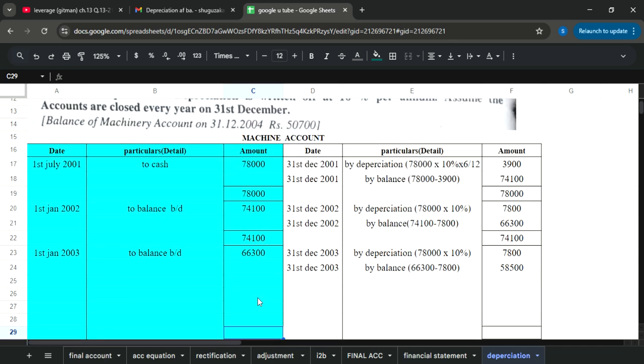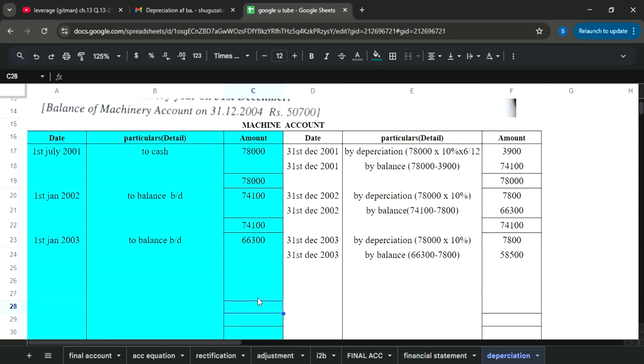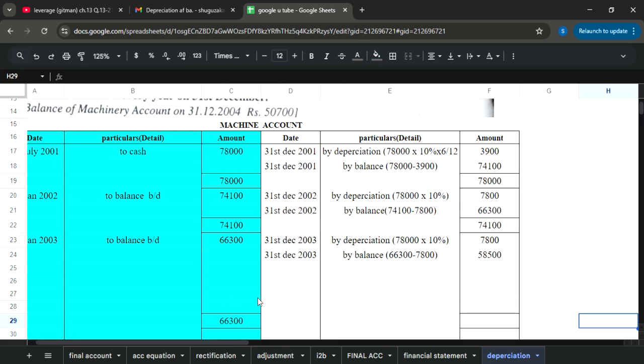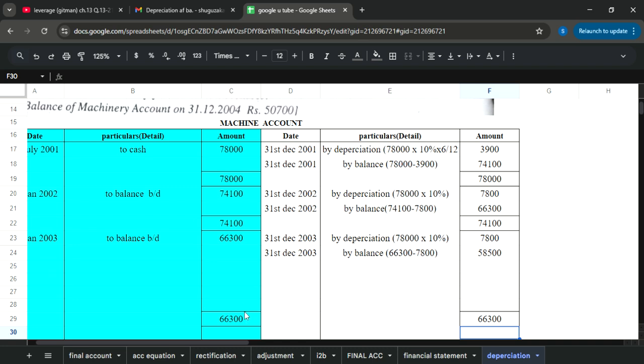Here you will calculate your total. 66,300 is the total over here, and here you will sum up these two amounts, first and second. So once again you can see both amounts are equal, 66,300.